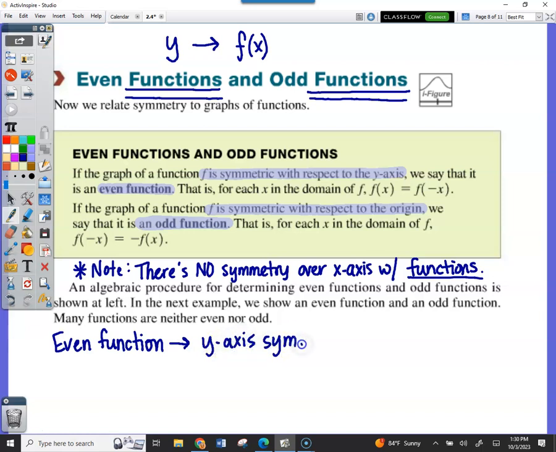I'm going to abbreviate symmetry. An even function has y-axis symmetry. You will notice at the end of the box they gave us the formula. It means that f of x equals f of negative x. I'll explain that in a second. For right now, write it down.